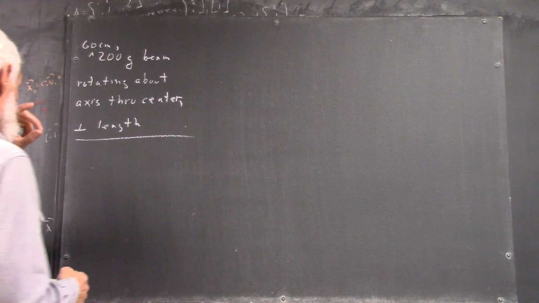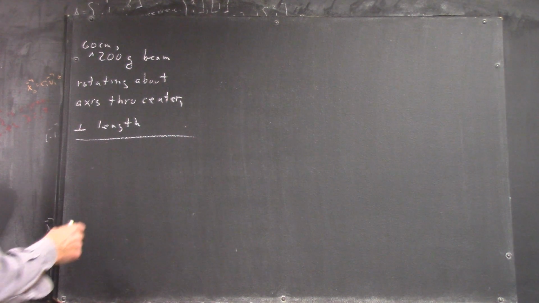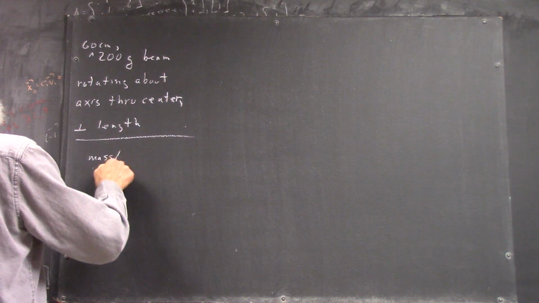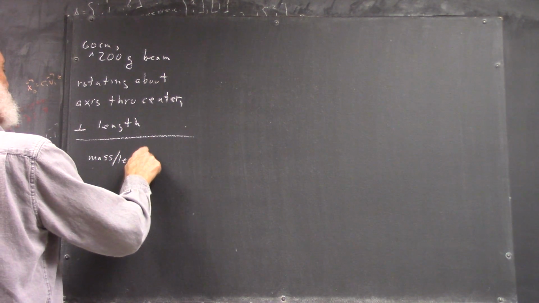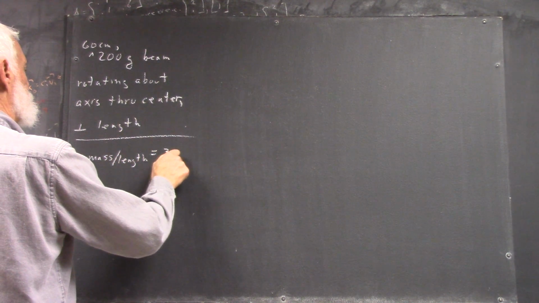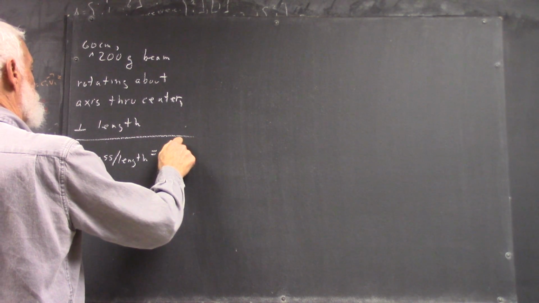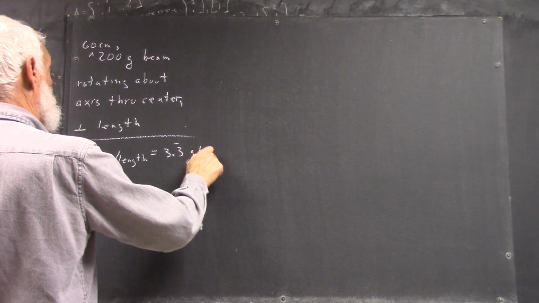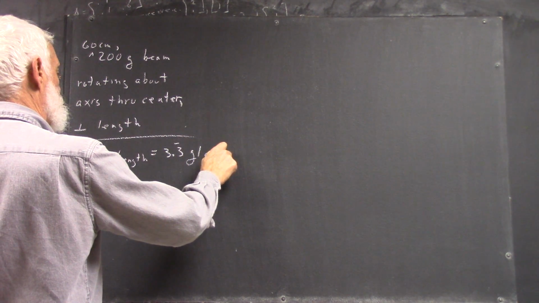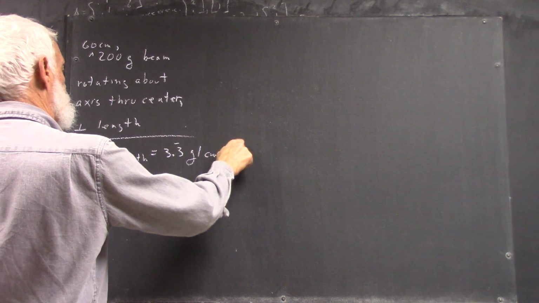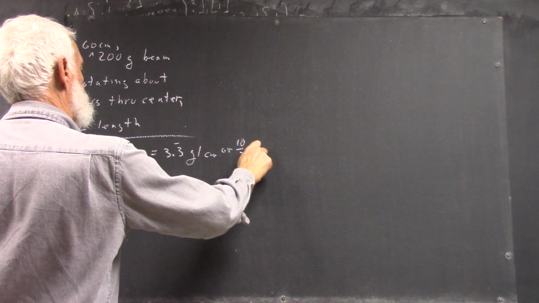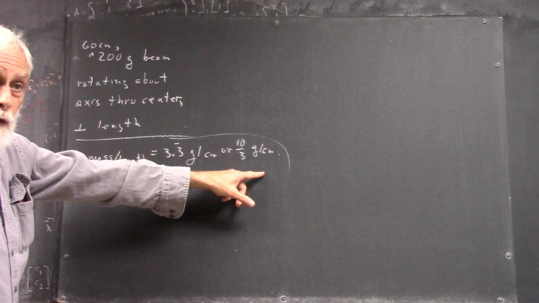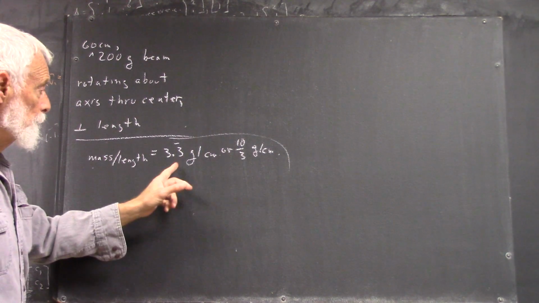And then I'll let you do the integral, okay? So, mass per unit length. If we want it exact, we'd use 10/3 gram per centimeter, but we'll just use the decimal.